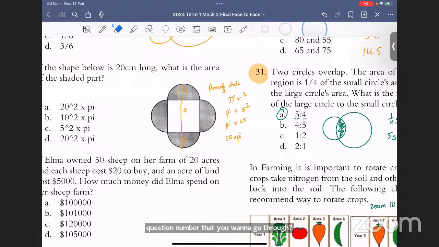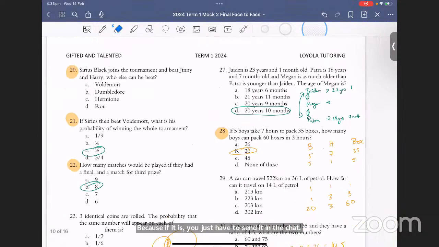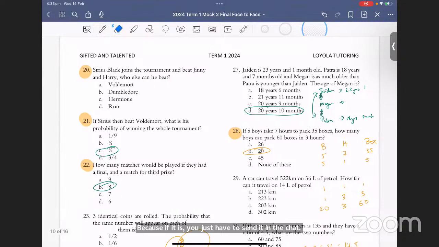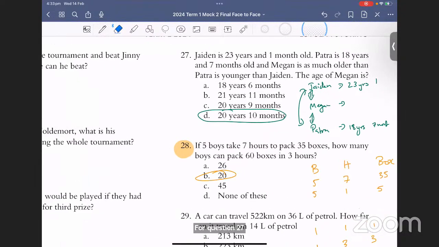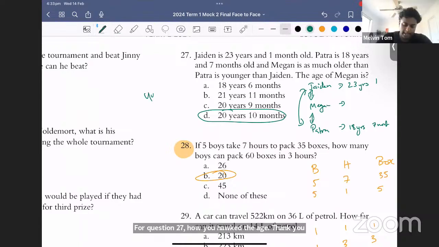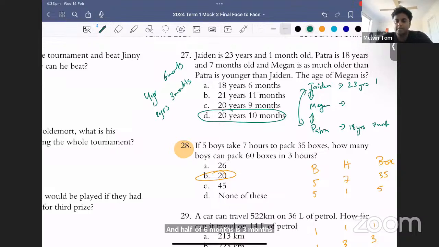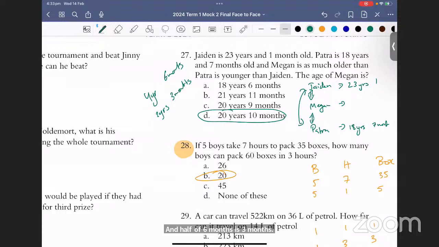No. Could you explain how you halve the age thing for question 27? Yeah, so their age is 4 years and 6 months. So half of 4 years is 2 years, and half of 6 months is 3 months. No, I mean how you got the 20 years and 10 months.